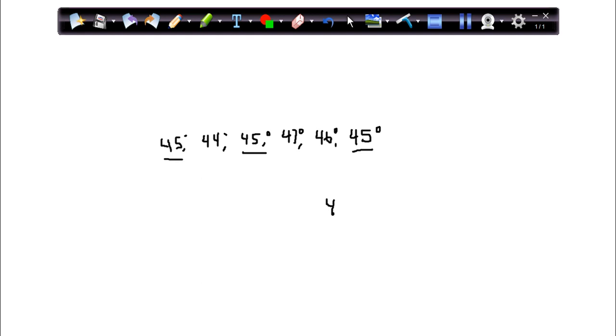The mode is 45. So whatever occurs most often is the mode. End of this lesson on page 290.